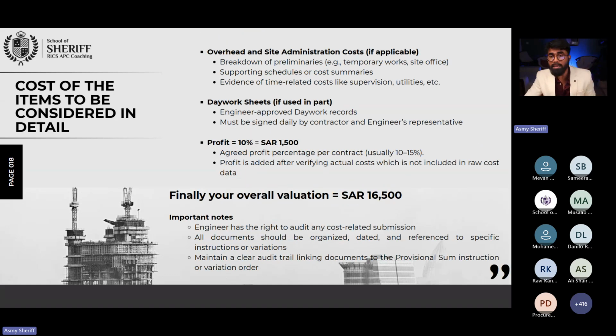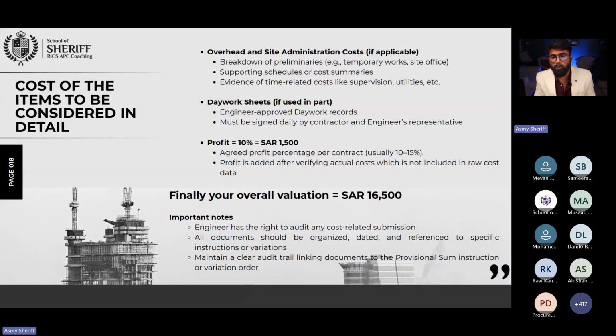Then not only that, any other overhead. Now you're going to tell the employer, in order to do this provisional sum, I constructed an additional porta cabin. In order to do this one, I brought an additional supervision engineer from my side. In order to do that, I brought so and so water tank.